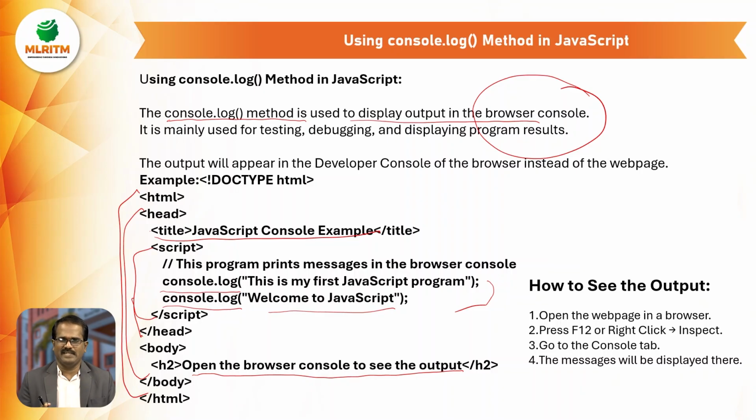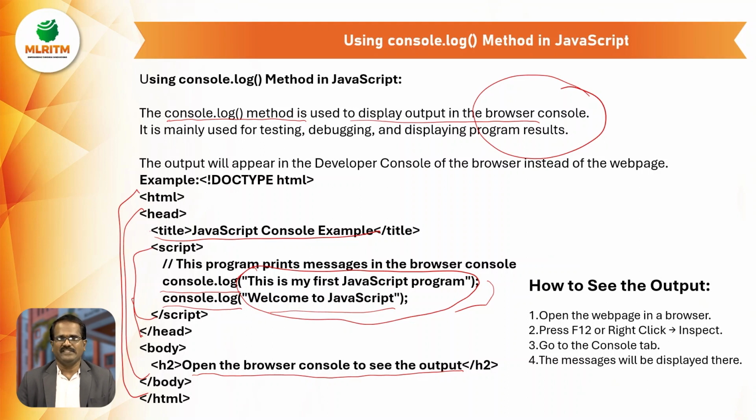With the mouse, right-click and open inspect. Whenever you click on inspect, DevTools will immediately open and you are able to see the elements option. Beside the elements, there is a console button. Whenever you click on console, you are able to see the output: this is my first JavaScript program and welcome to JavaScript. These are the two messages you are able to see in the console.